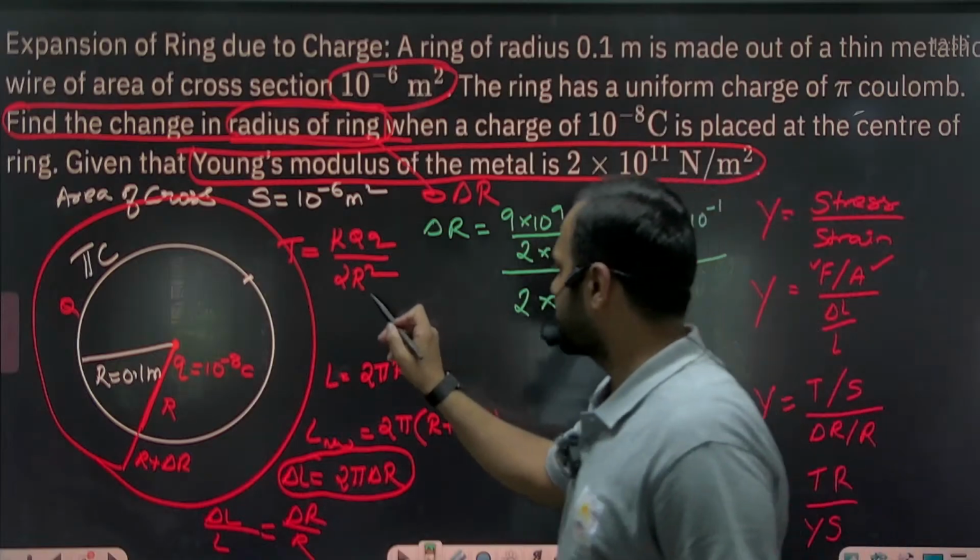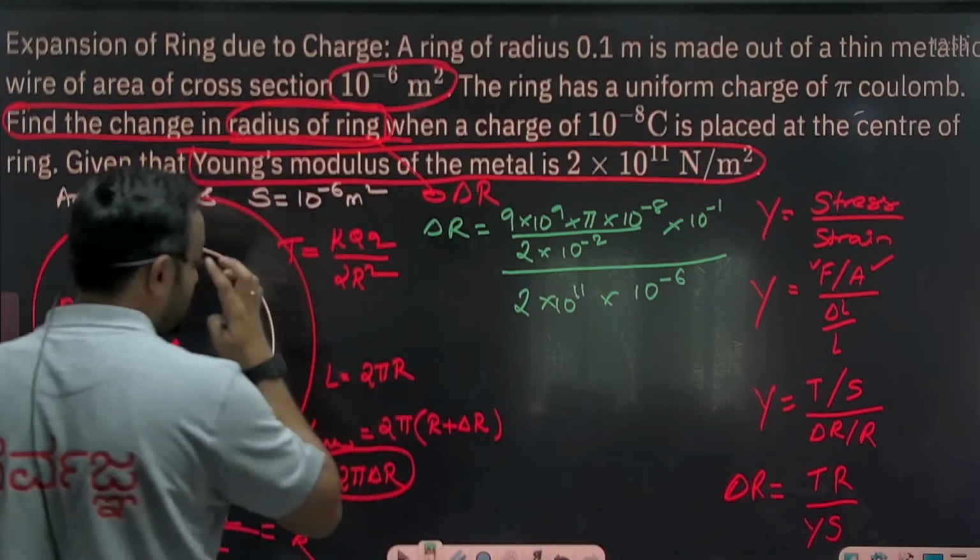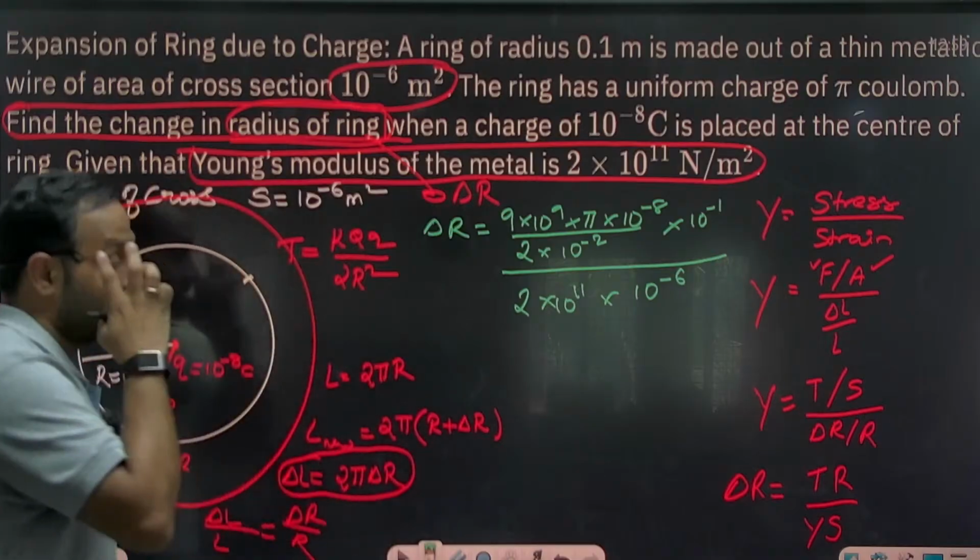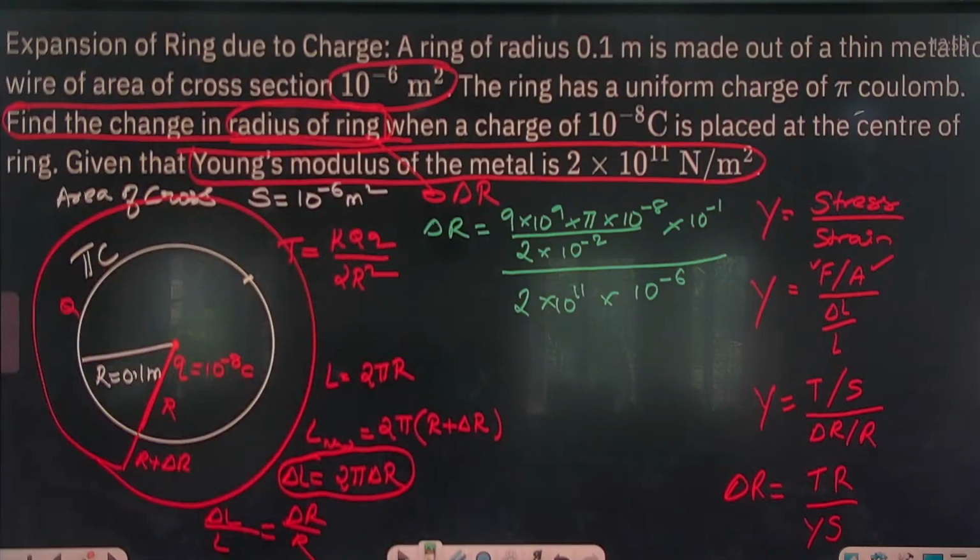Do you get 2r square or 2 pi r square? Is it 2r square or 2 pi r square?